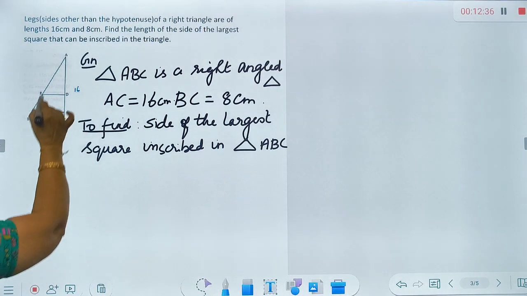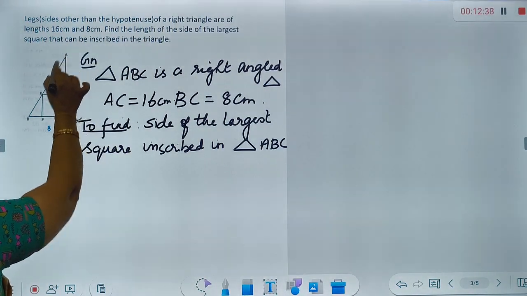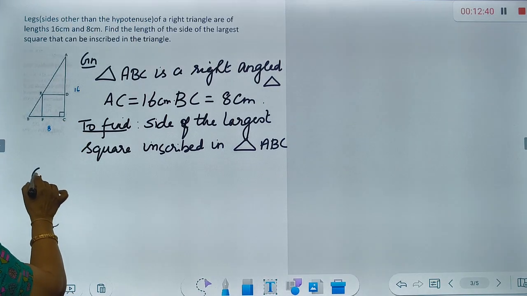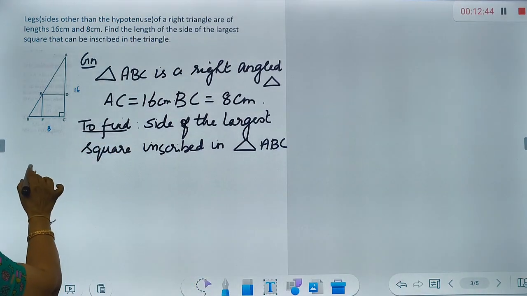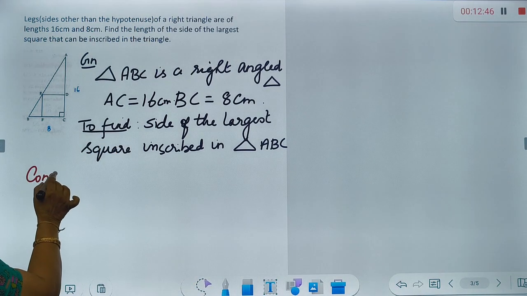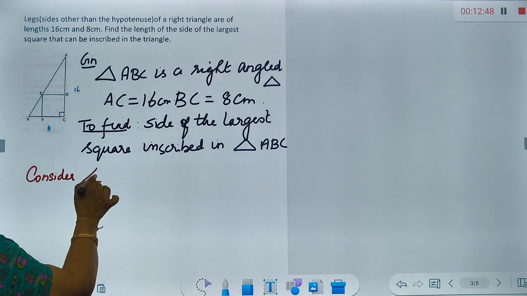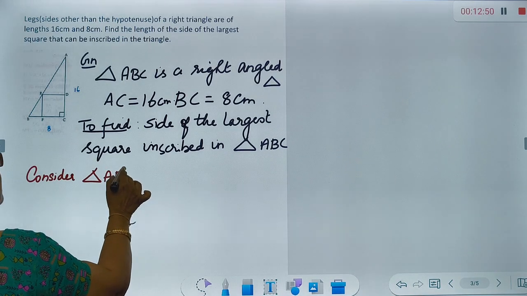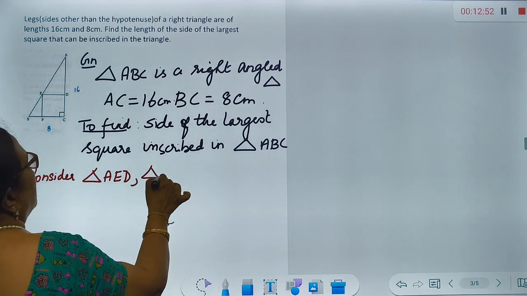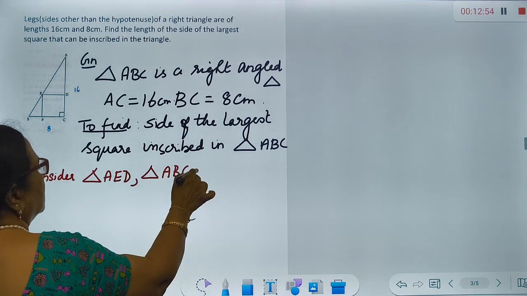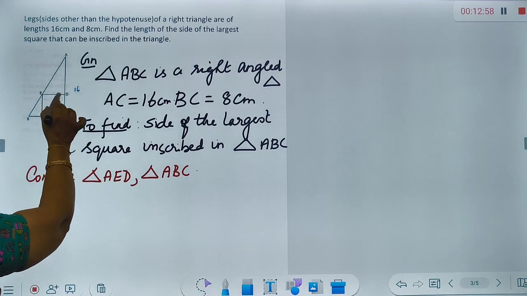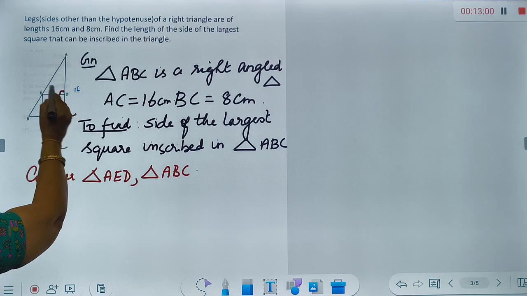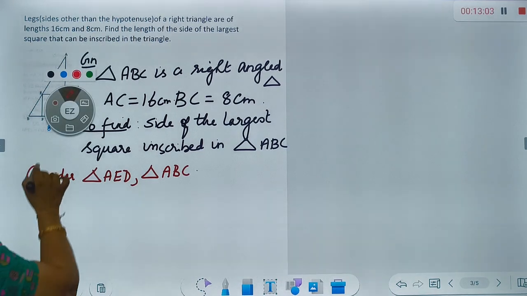Okay. Now let us compare this triangle and the bigger triangle. Consider triangle AED and triangle ABC. You know that this is a right angle triangle and this is a square, so this angle is also 90.